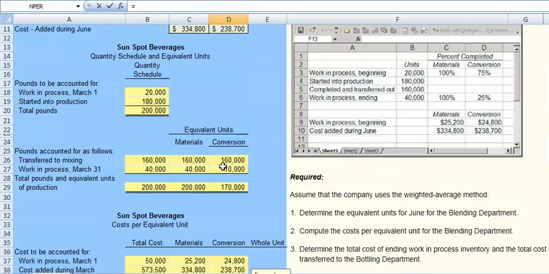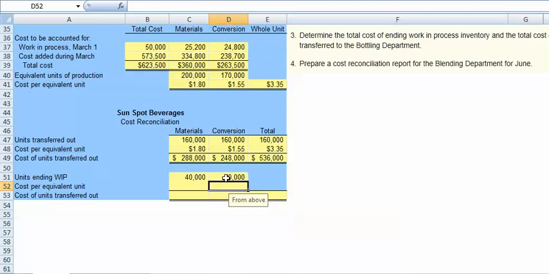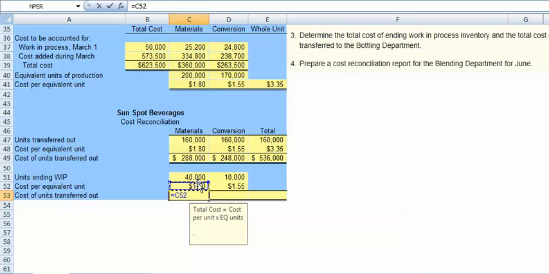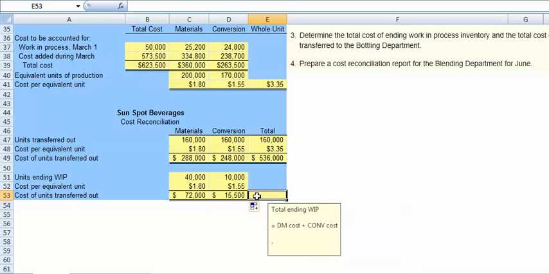With respect to conversion, we had 10,000 units. Our cost per equivalent unit, direct materials, linked to the 180, linked to the 155 for conversion. Now I can multiply cost per unit times units. I can drag that across, and finally add those two together to get my total.